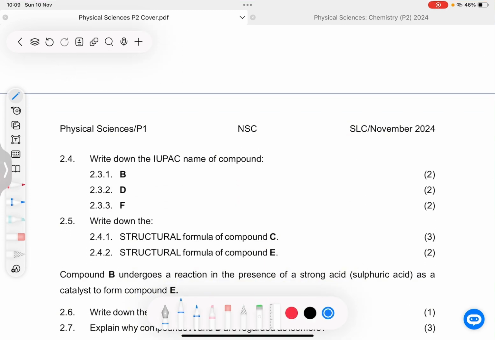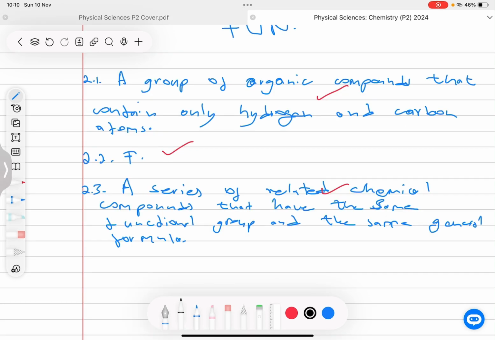We're going to question 2.2. They say here, write down the IUPAC name of the compounds here. Now I can see also here that the numbering is incorrect. If you get to a question paper and the numbering is incorrect, please keep that incorrect numbering and continue with it to allow the marker to know where you are, because such mistakes can happen when the examiners set these question papers.